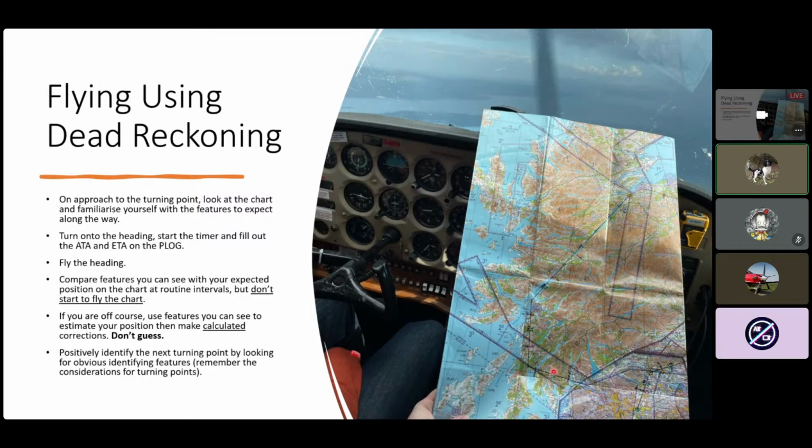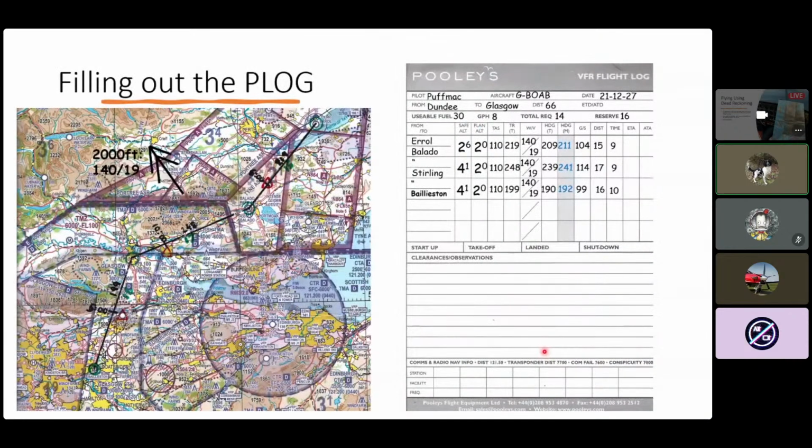The headings, or sorry, the tracks and the distances are all the same. There is one thing that would change, and that is these key features that I've highlighted in red. If I go back here, you can see, and I've not talked about these yet, but these key features I'm highlighting, you'll notice I've got a time next to them.